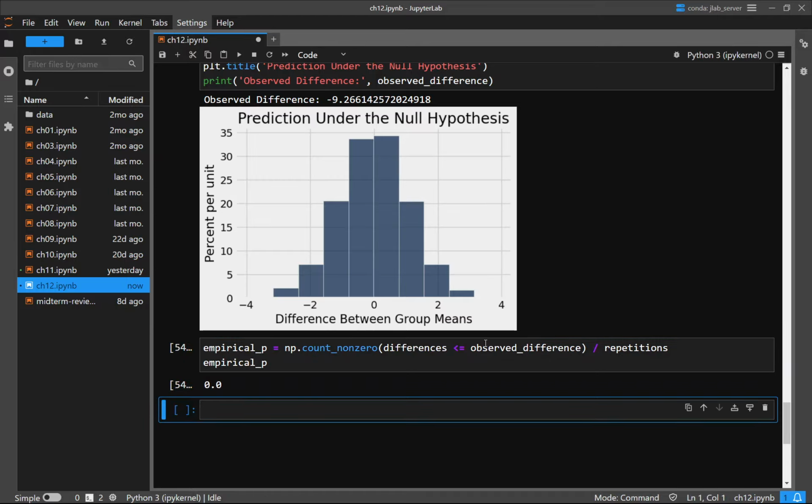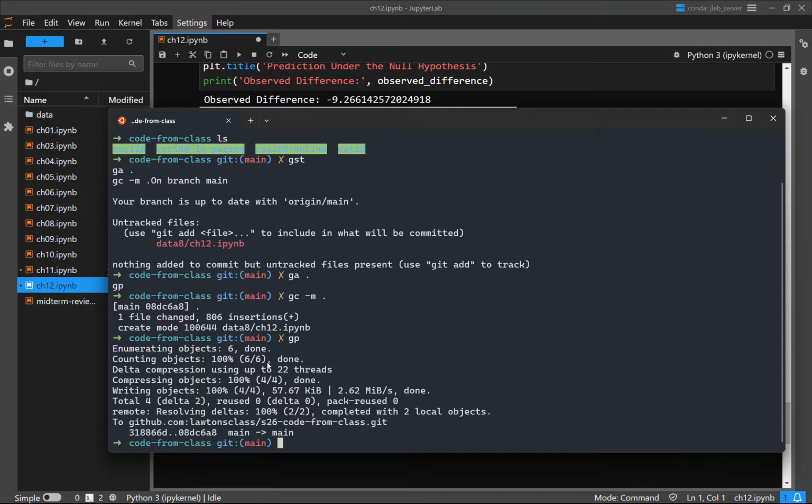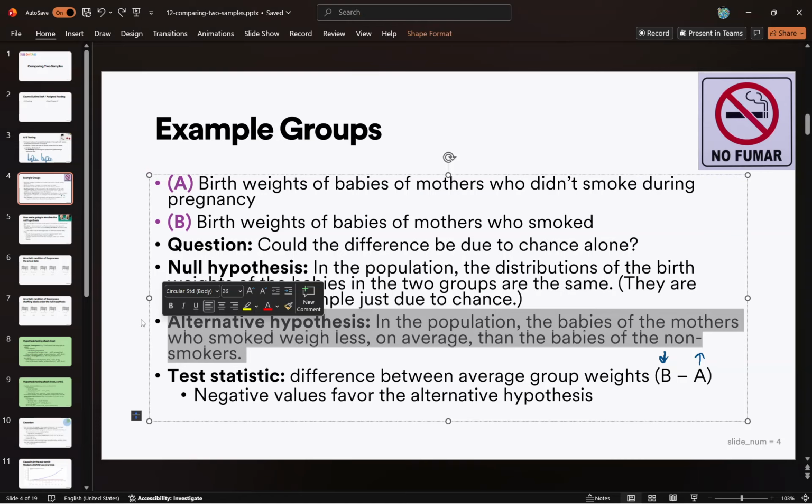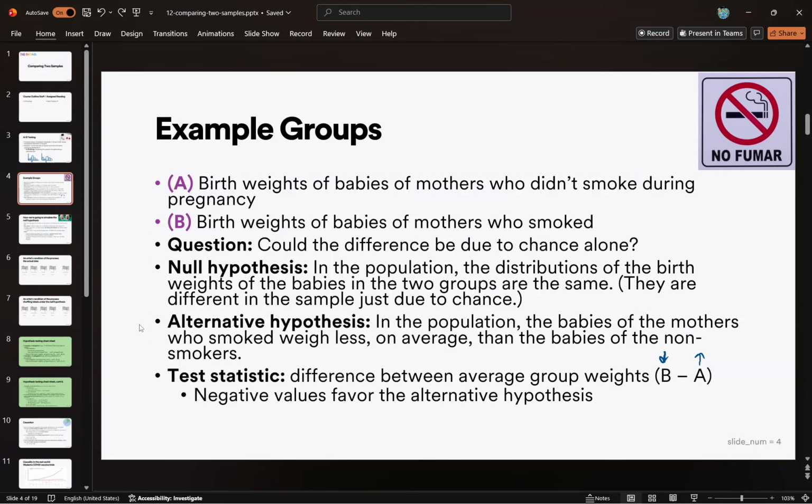How often did we simulate a value as extreme as we saw in real life? Never. If you do billions of simulations, eventually this will give you something, but it does not now. So that's kind of how that works. And that leads us to the idea that our alternative hypothesis was probably the right one.